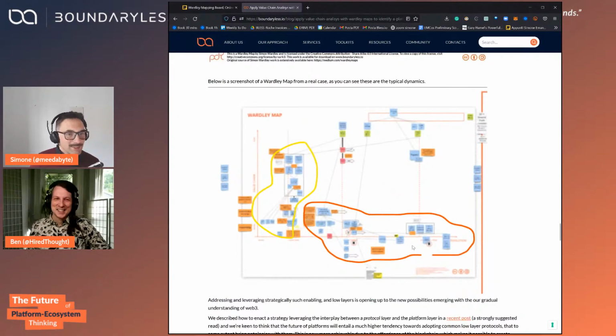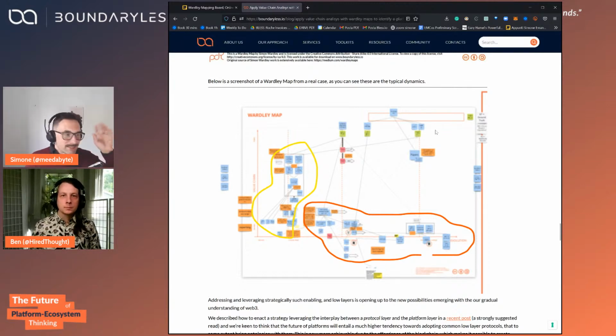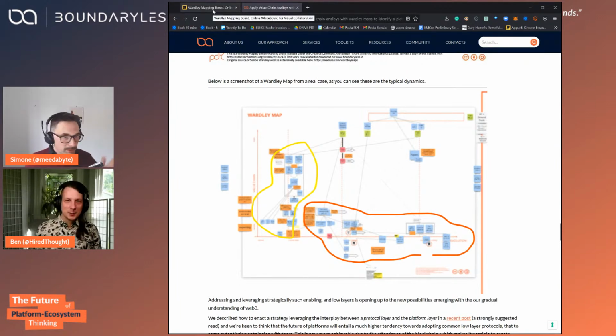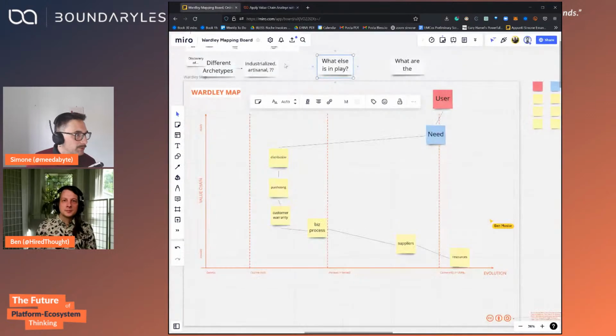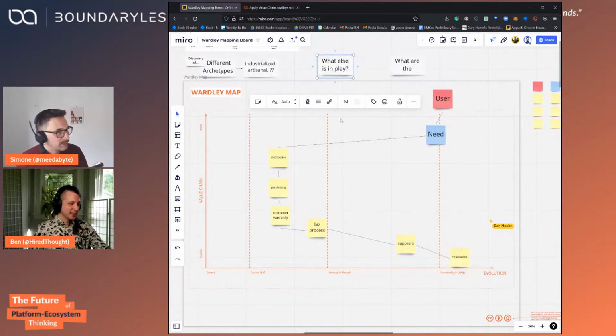So you're going to see, of course, differences between, let's say, the ideal map and the actual map. But as you can see here as well, you can see the shape, right? You can see the C shape, but at the same time, maybe we can see an L shape or another type of shape coming up. So helping figure out the archetype.